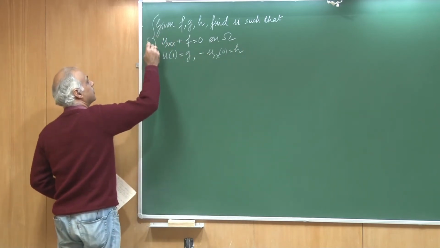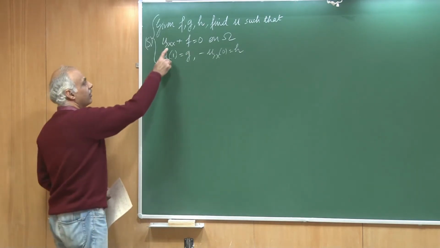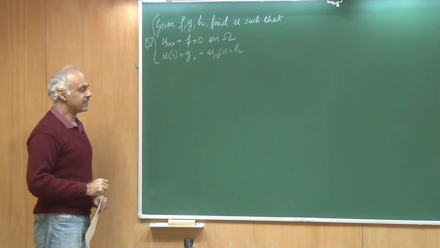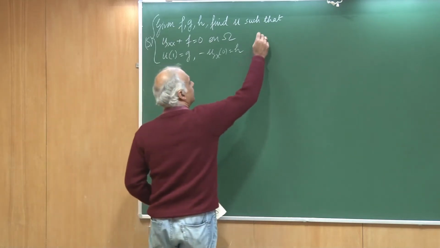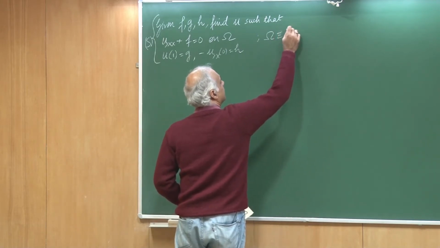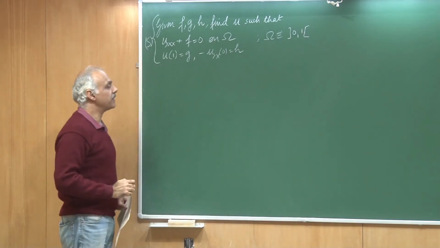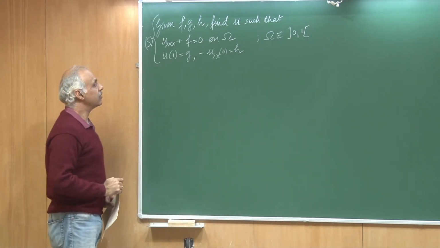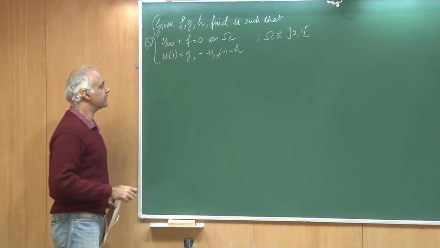So, this we said is the strong form of the problem, and it involves solving the differential equation at each and every point on the interior of omega. So, just to remind you, omega actually corresponds to this interval 0 to 1. So, this is the open interval, and we have to satisfy the equation over there and then these two boundary conditions.